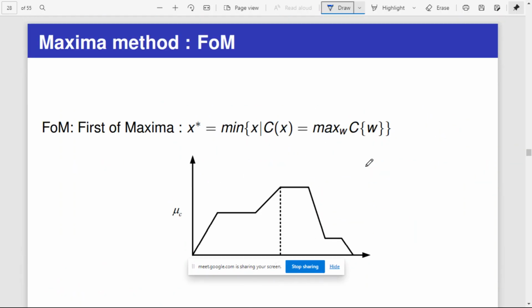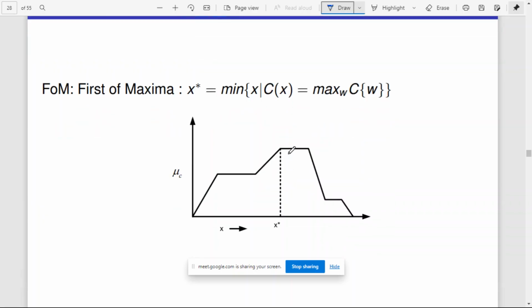Okay, and the next method is called FOM, first of maximum. As the name itself says, this technique allows more than one maximum value, but if there is more than one maximum value, it will take the x value which gives the first maximum value.